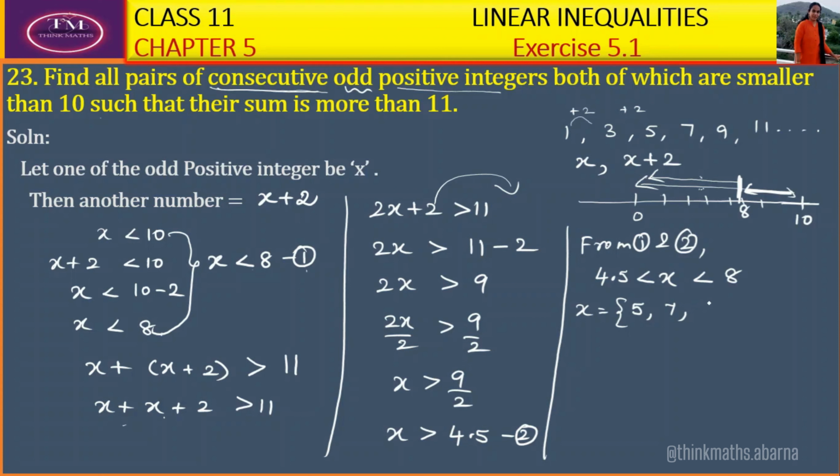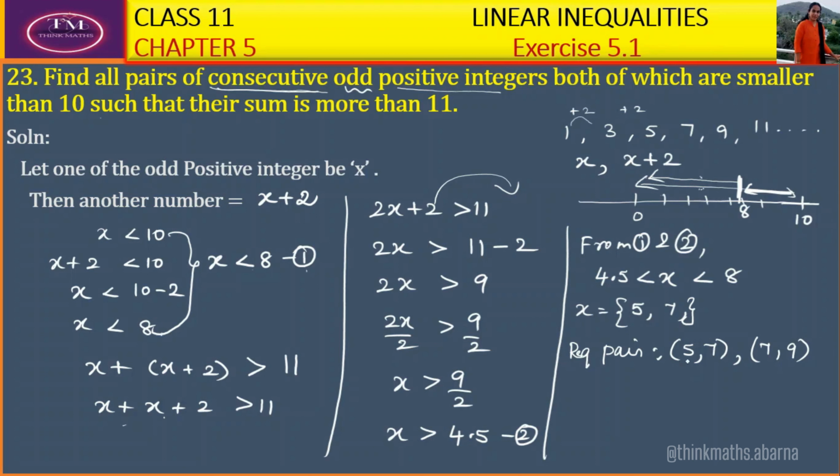The next odd number is 9, but 9 is greater than 8. So x takes the values 5 and 7. What are the required pairs? If x is 5, what is the other number? It is x plus 2, so 5 plus 2 is 7. The next pair: if x is 7, then 7 plus 2 is 9. So these are the results.